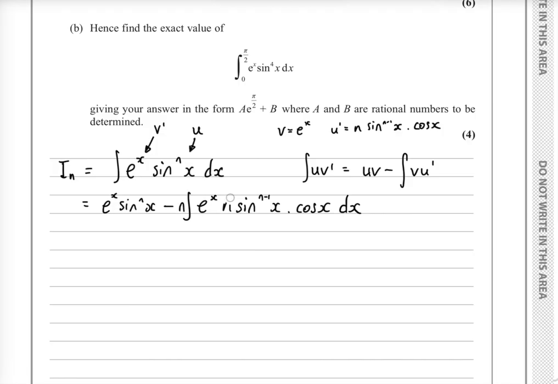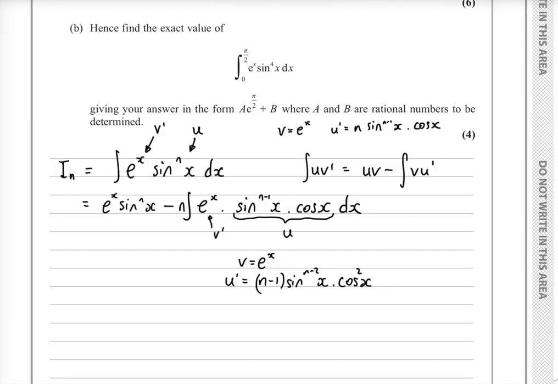Then the e to the x is still going to be our v prime, and we're going to consider all of this to be our u, because we can differentiate that using the product rule. Now our v is still e to the x, but our u prime is more complicated. Differentiate the sine to the nx, we get n minus 1 sine to the n minus 2 x times by another cosine x, and then we leave the cosine x from the original expression alone, so that becomes cos squared x.